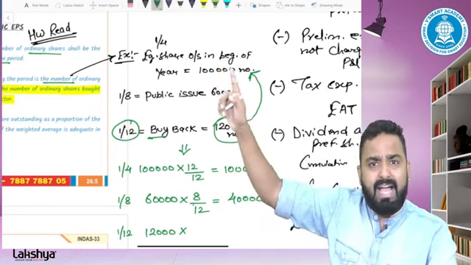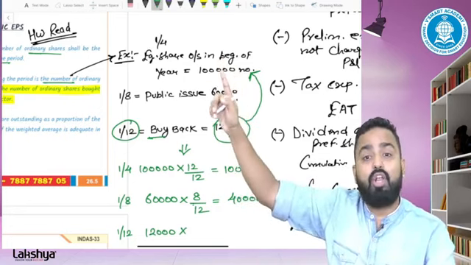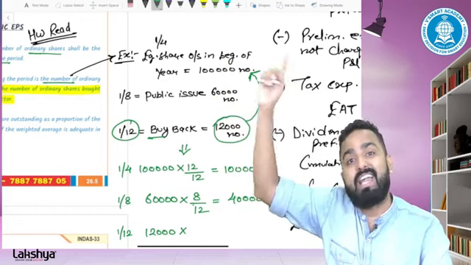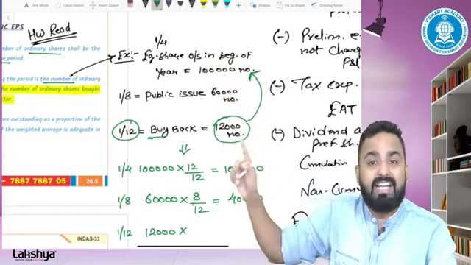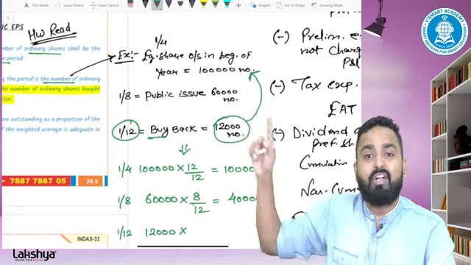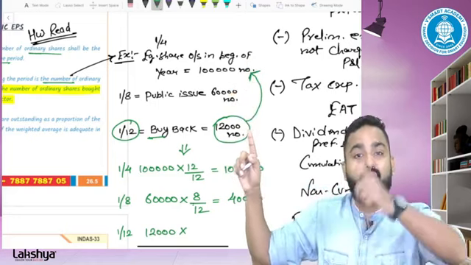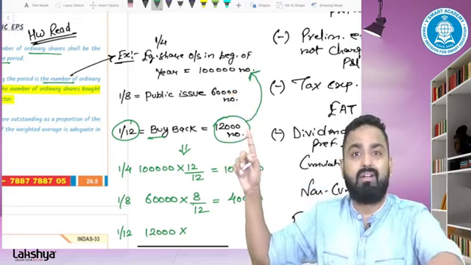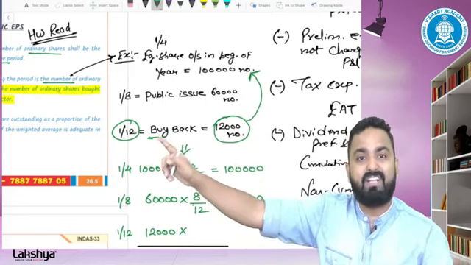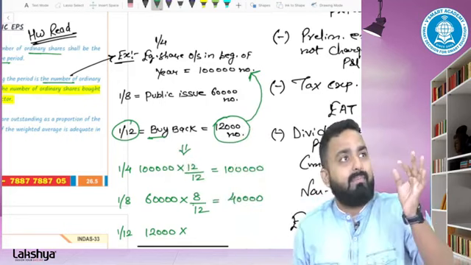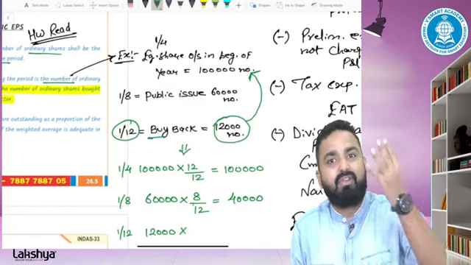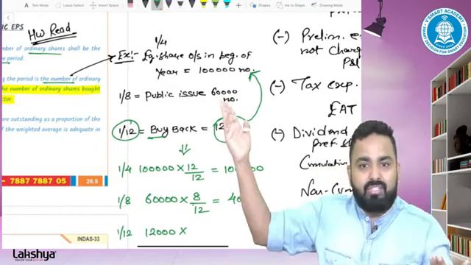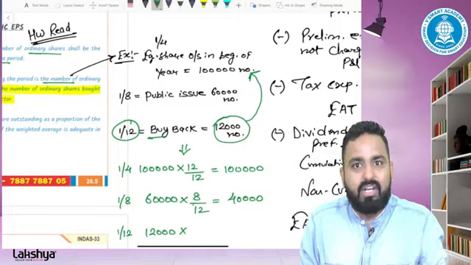Now, in those 1 lakh, we assumed that all 1 lakh are outstanding for the entire 12 months. But this is not the right case, because out of 1 lakh, 12,000 were outstanding only from April to November. Because on December 1st, we bought back. So, December, January, February, March, for the 4 months, these 12,000 shares were not outstanding.